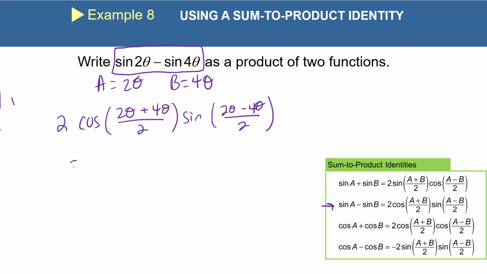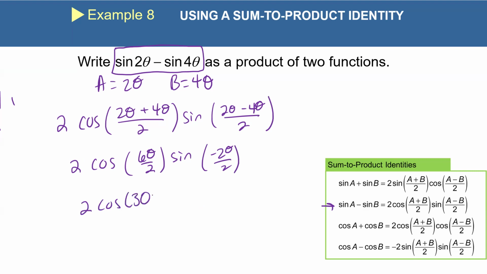We clean this up. We get 2 cosine, and we have 6 theta divided by 2, times sine of negative 2 theta divided by 2. We keep cleaning it up, and we get 2 cosine 3 theta times sine of negative theta.